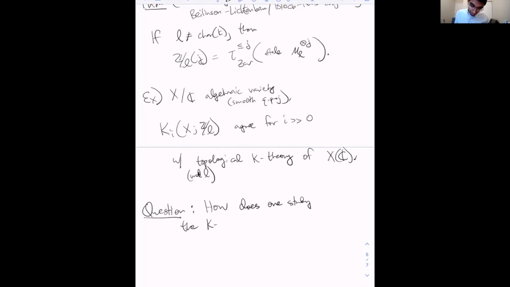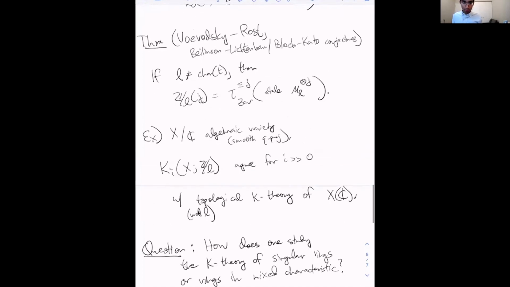So how does one study the K-theory of singular rings, or schemes or rings in mixed characteristic, like Z_p?